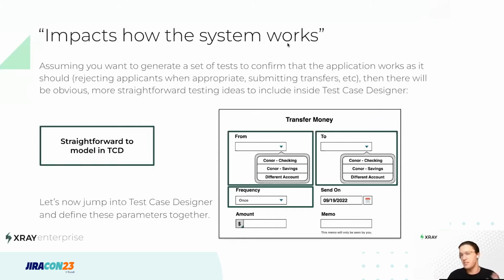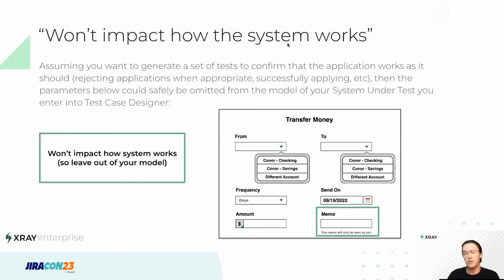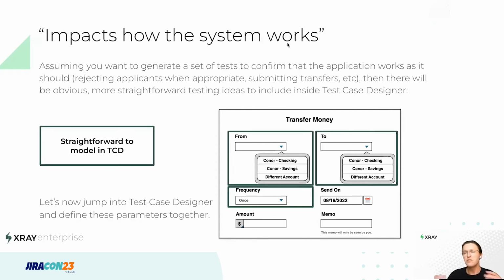On this slide here, these are ideas that, yes, are varying and are impacting how the system works. On this previous slide here, something like memo, sure, it's varying in different ways, but again, as we discussed, by varying in different ways, it's still not impacting critically how that system behaves. So we're going to leave it out of the model. Just to recap, those two questions are good to ask yourself.